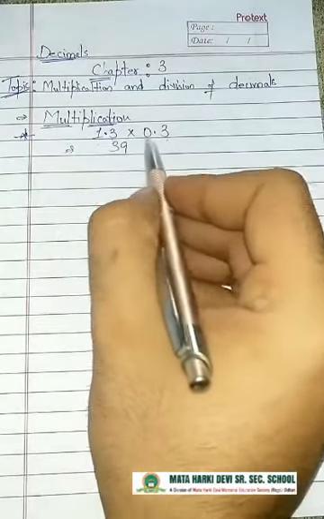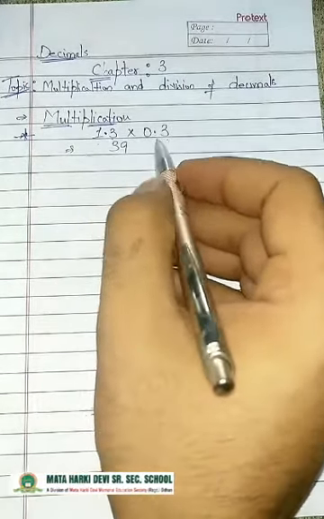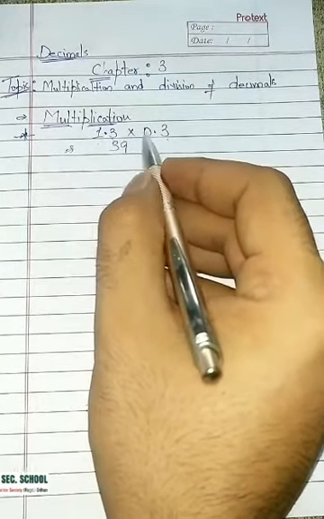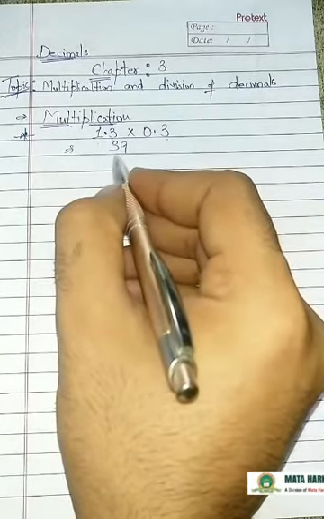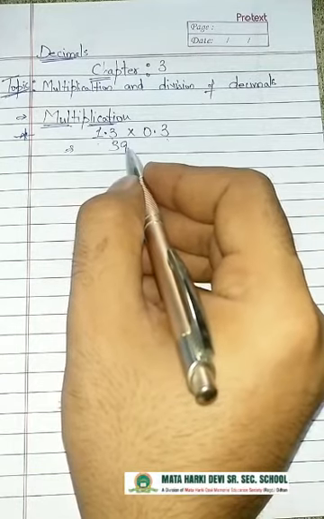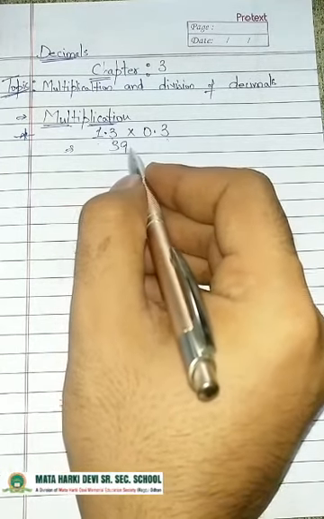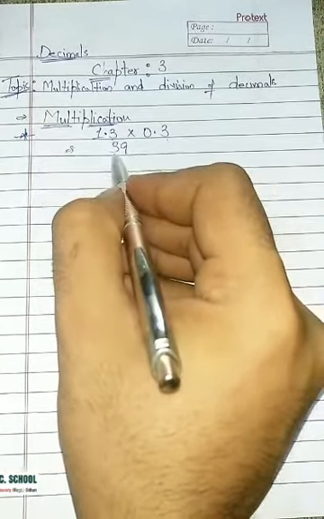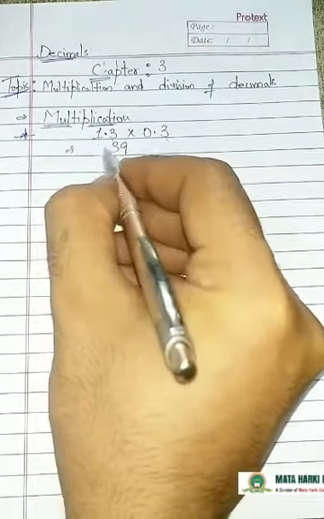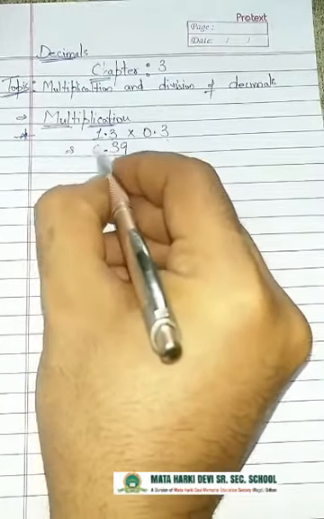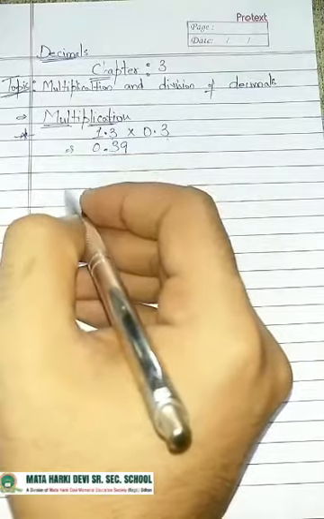So there are a total of two decimal places in the above calculation. So in the result you have to place the decimal by leaving two decimal places from the right side. So 1, 2, and you have to place a decimal here. So this is your answer.